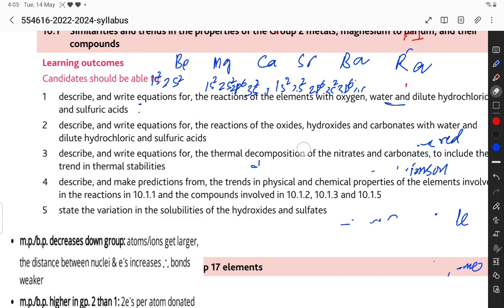Describe and write equations for the reaction of oxides and hydroxides with water and dilute hydrochloric acid.